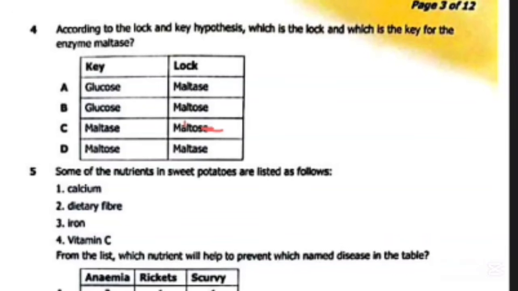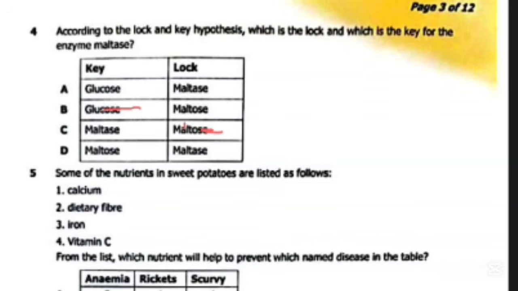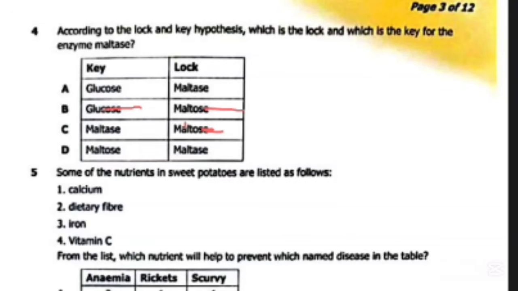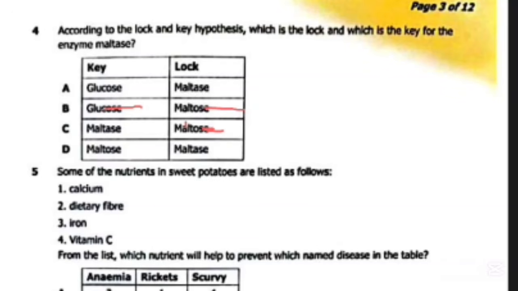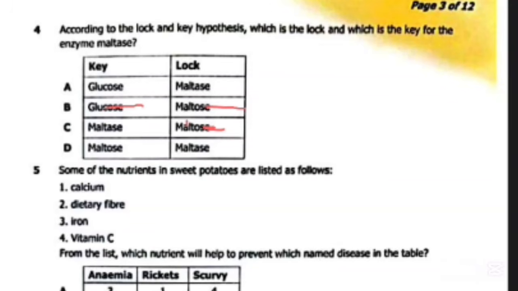Then part B, we have the key, which is glucose, and the lock, which is maltose. This one is wrong because here we have both substrates. We have glucose as the substrate, and also maltose as the substrate. Moving on to option C, we have maltase as the key and maltose as the lock.